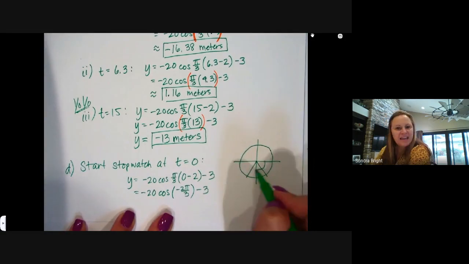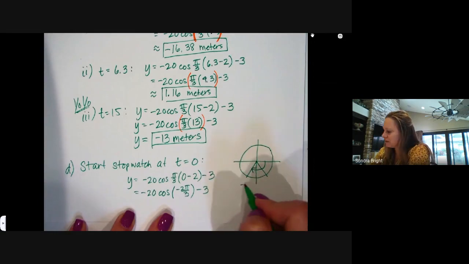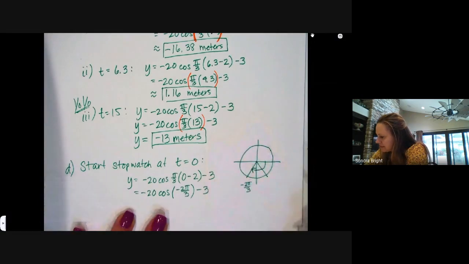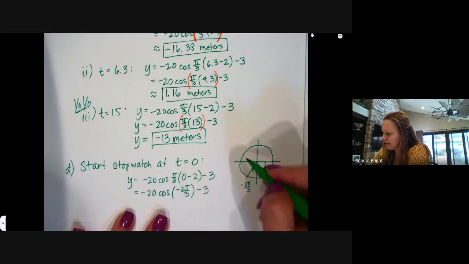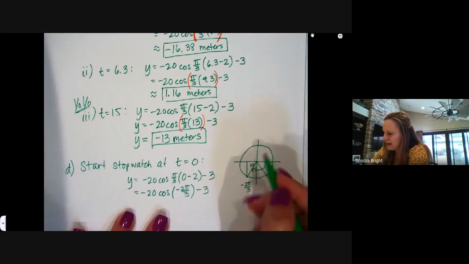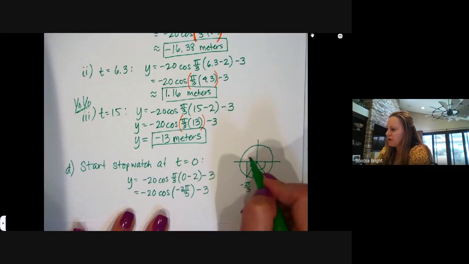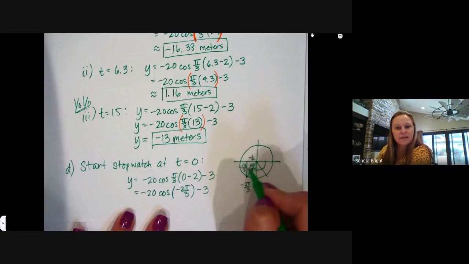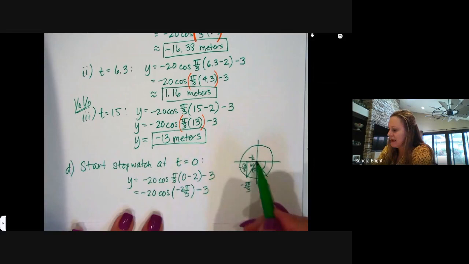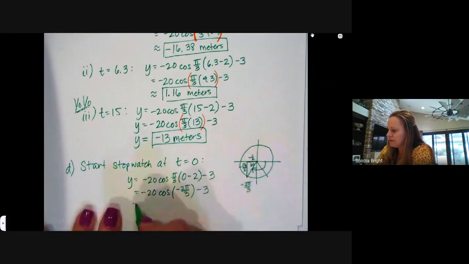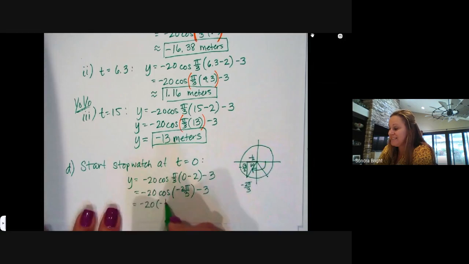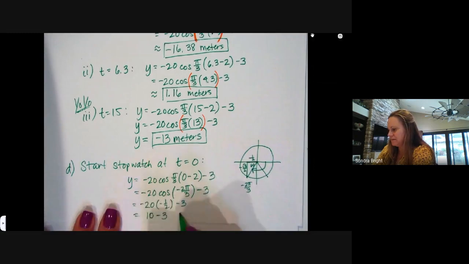It's like a negative 120 degrees. 60-degree reference angle. Yeah. Makes that a -1/2 and that a -√3 over 2. So cosine of -2 pi over 3 is -1/2. So this should be -20 times -1/2, which gives you a positive 10 minus 3, which is 7 meters.